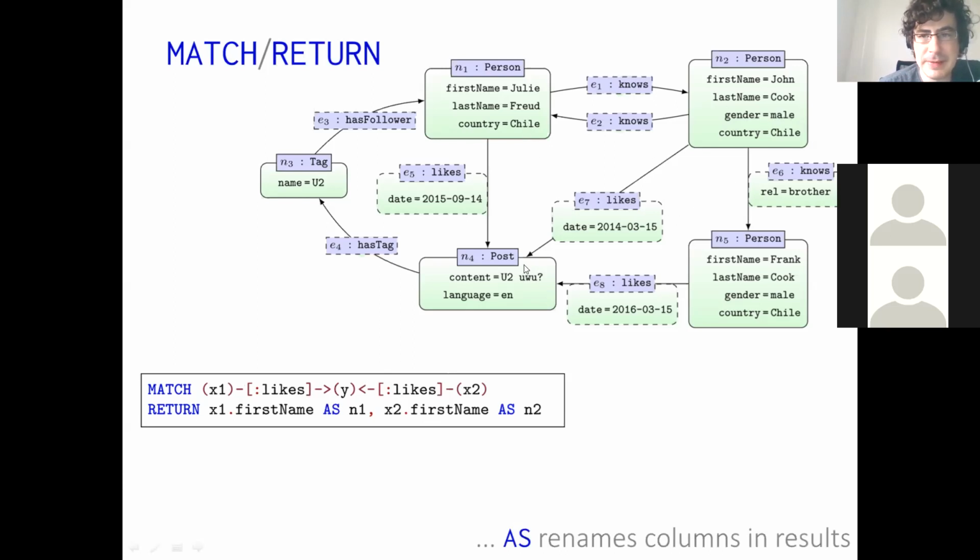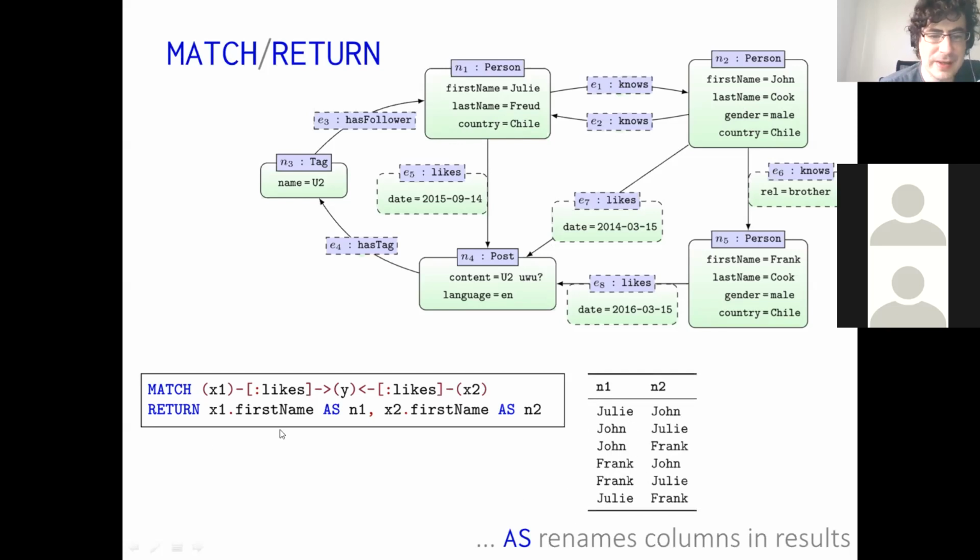We can quickly see maybe that John and Frank like the same thing, and Julie. So because all three of them like the same thing, we create all of the pairs possible. So Julie, John, John, Julie, John, Frank, Frank, John, Frank, Julie, Julie, Frank. And N1 and N2 here become the names in the results.